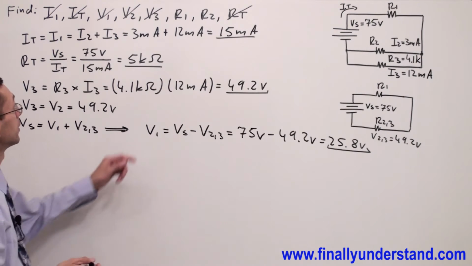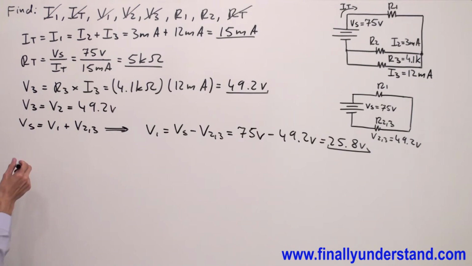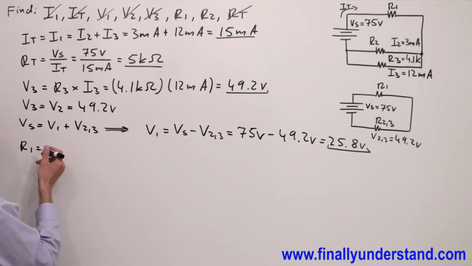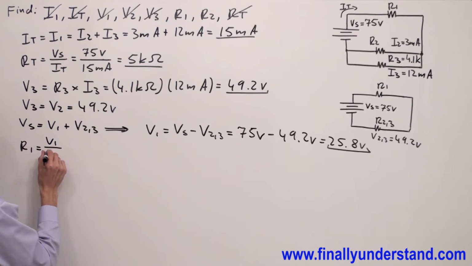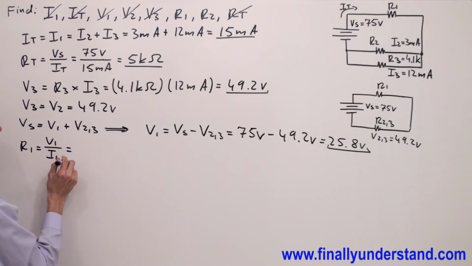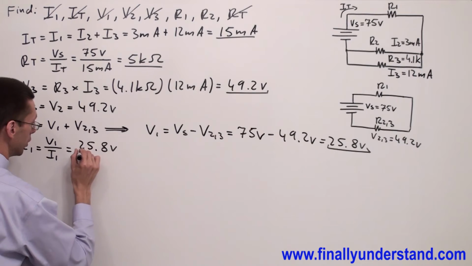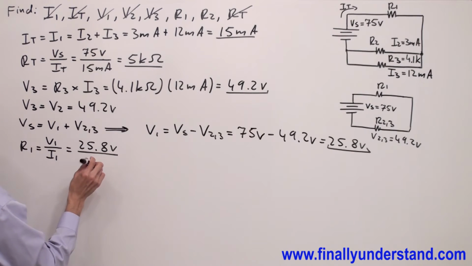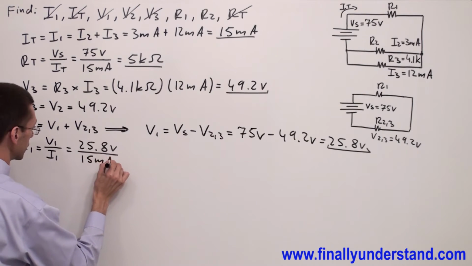Next I can find the resistance R1. Resistance R1 I'm going to find from Ohm's law by simply dividing V1 over I1, where V1 is equal to 25.8 volts over I1, which is equal to 15 milliamps.